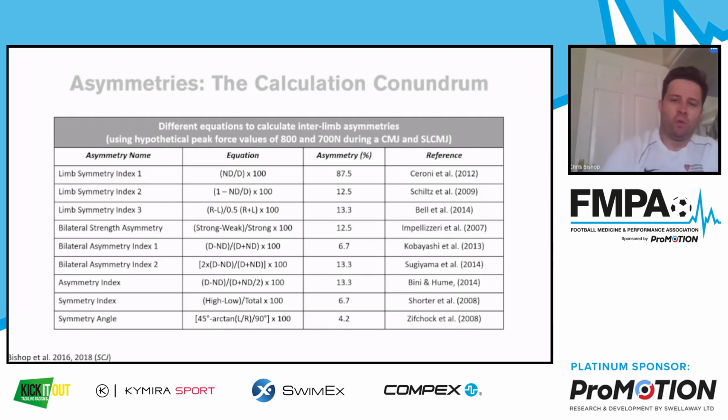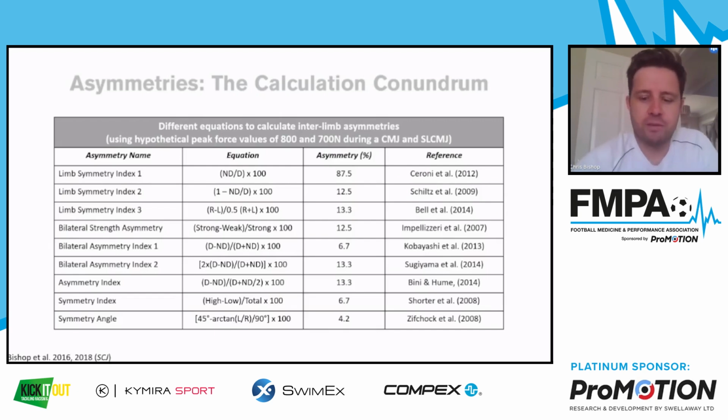So if we accept that 87.5% also means 12.5, we've got a range here of 4.2 to 13.3, so almost a range of 9.1%. And given that some of the literature historically has tried to indicate, and we'll talk more about this a bit later, that 10 to 15% might be a marker of injury, having a 9.1% error range between mathematical formulas seems like a bit of a stretch and a bit of a problem.